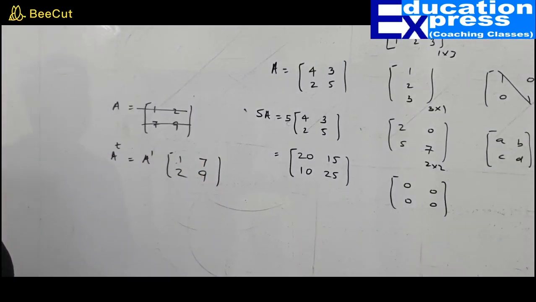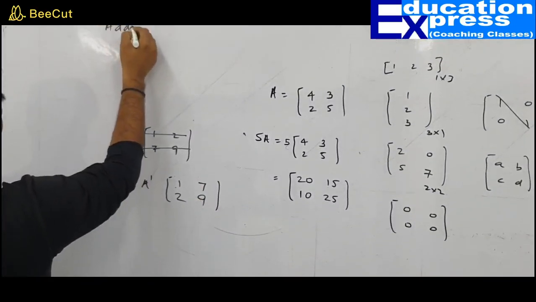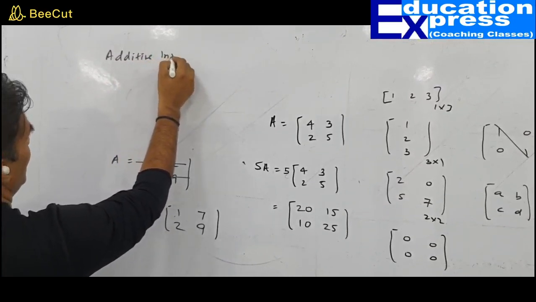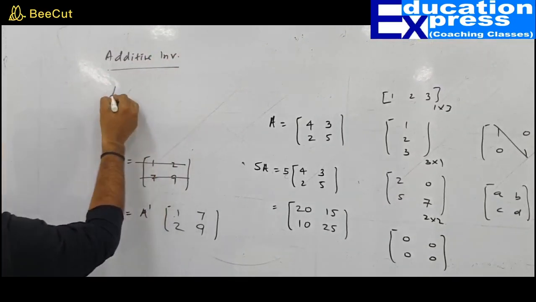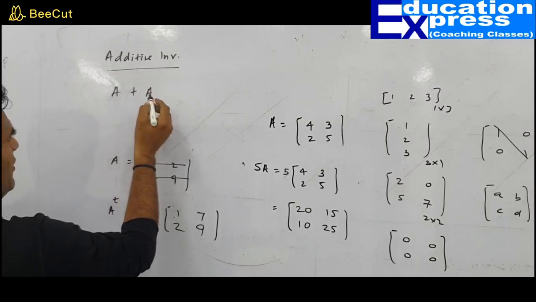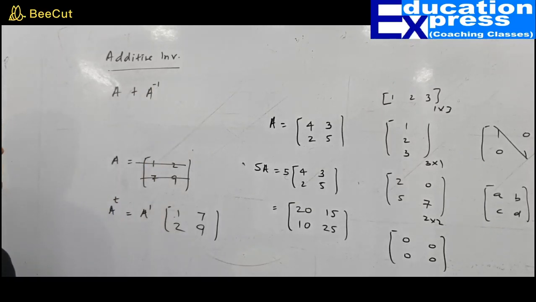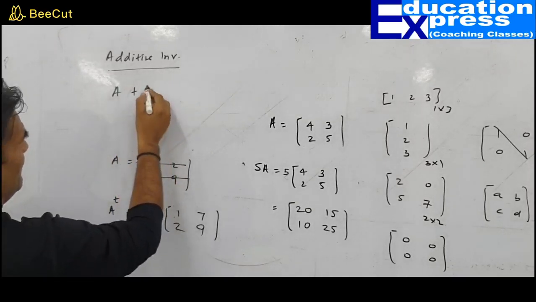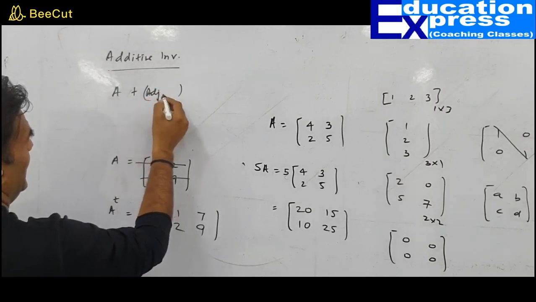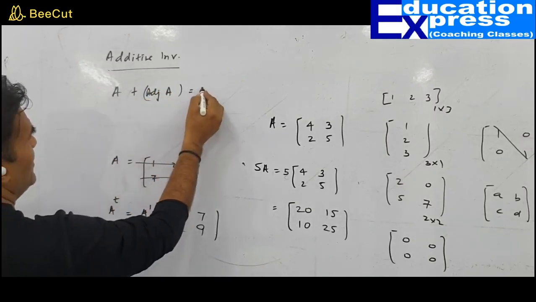We did transpose. We also did the additive inverse of a matrix. What is that? Matrix A plus the additive inverse of A will always result in 0.